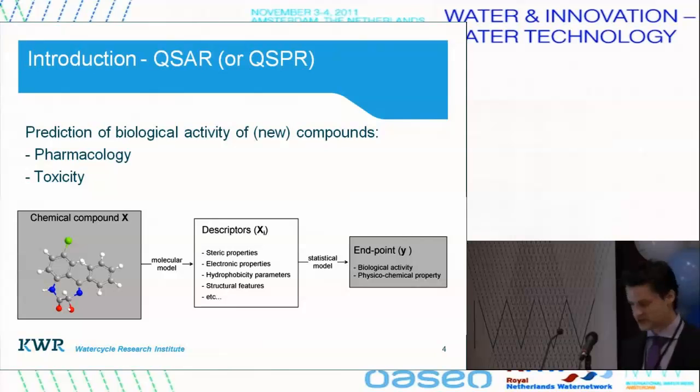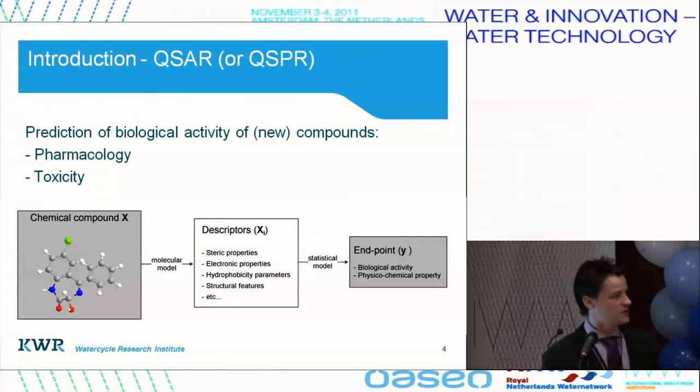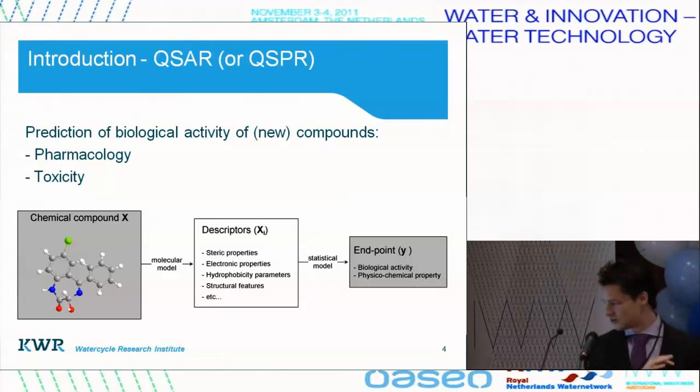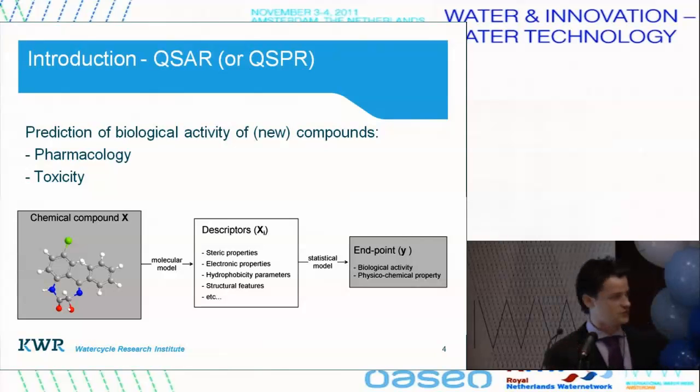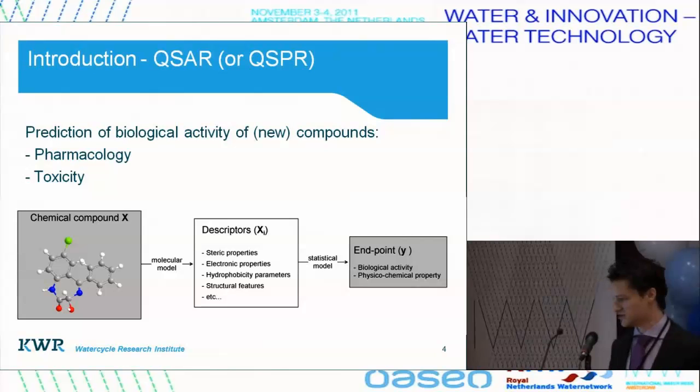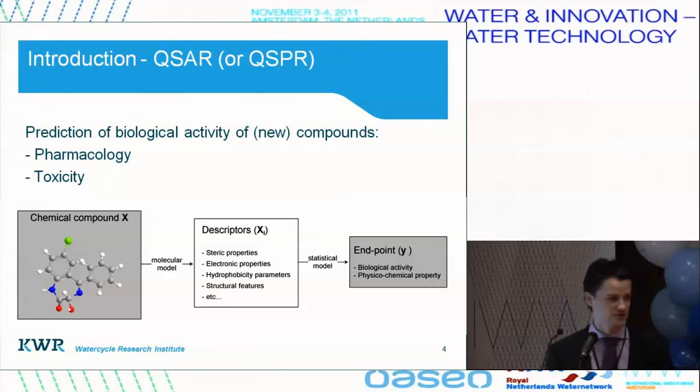So how it works: you know the chemical compound and you know the 3D structure of that compound, and from that structure you derive certain properties, or you characterize that compound by what we call descriptors. And that can be very different. One of them is molecular weight, of course, very well known, but it can also be quite exotic and quite difficult, related to the topology of the compounds, also related to the charges or the hydrophobicity.